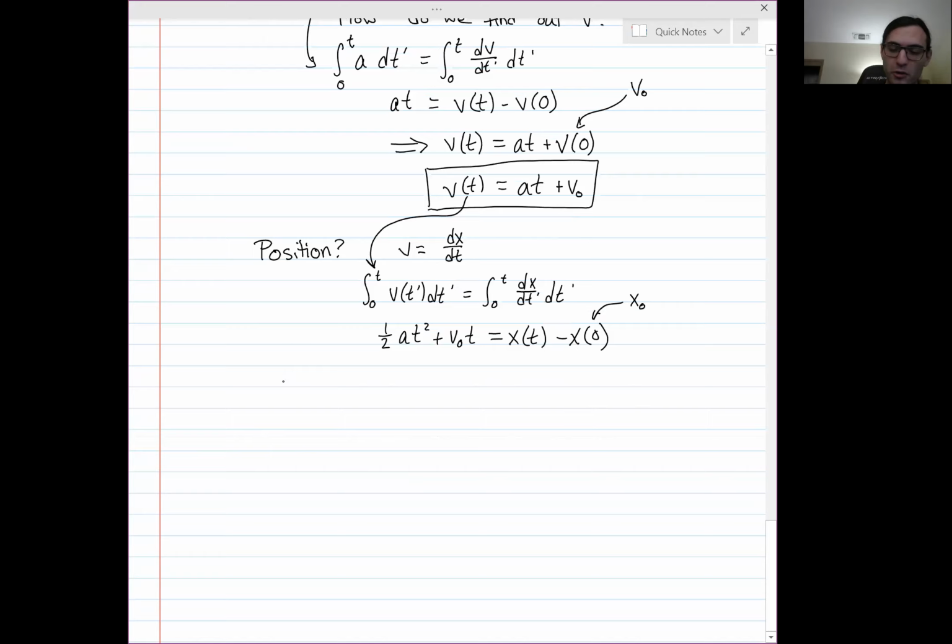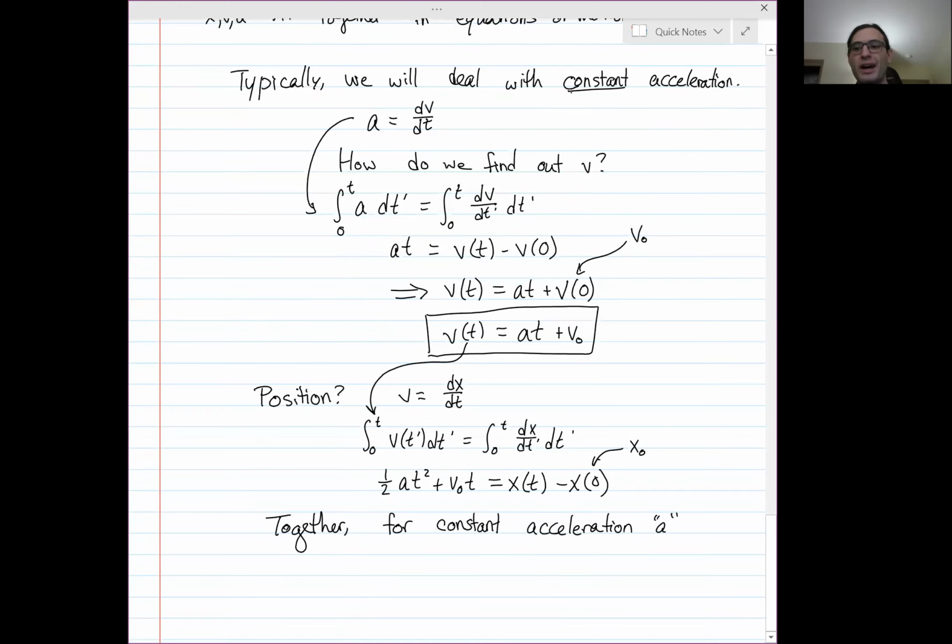So together, for constant acceleration a, and this is only valid for constant acceleration, by the way. The process is correct, but it would have to generalize more, because if the acceleration wasn't constant, then it would be some function that you'd have to integrate.